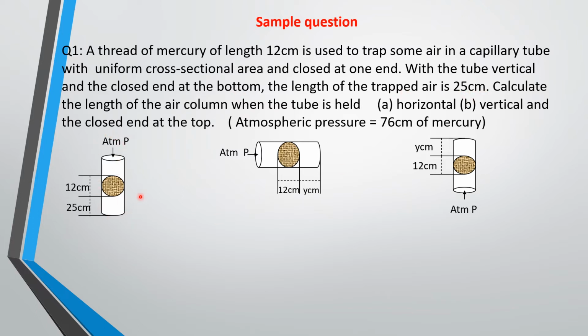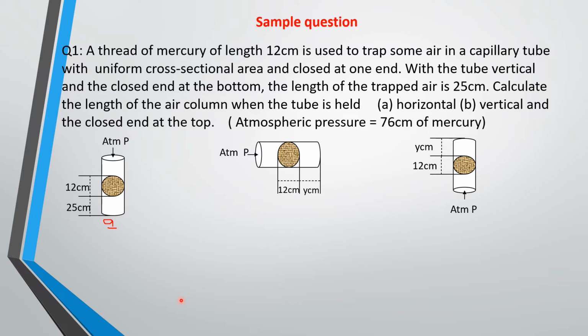That is what you have here, this is condition A. Now it says calculate the length of the air column when the tube is set horizontal, and then vertical with the closed end at the top, that is when it is inverted. Take atmospheric pressure to be 76 centimeters of mercury.